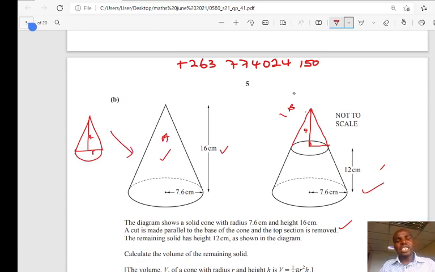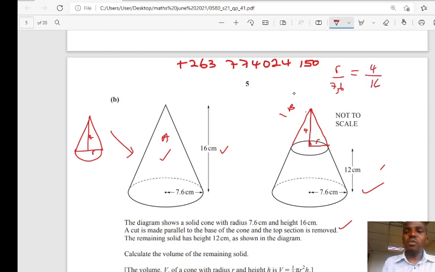If two shapes are similar, then the ratio of their corresponding sides are equal. They are the same. We want the radius, so let me start with the radius. Radius of smaller cone over radius of bigger cone, 7.6, is equal to height of smaller over height of bigger, which is 16.